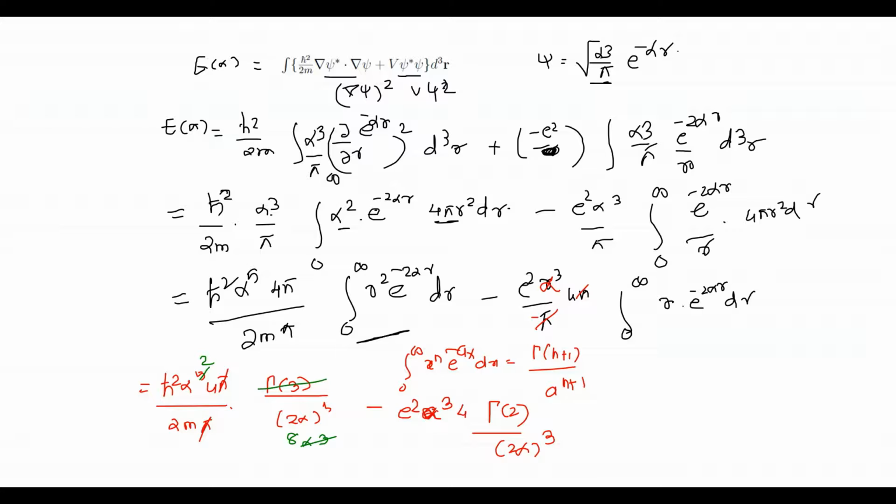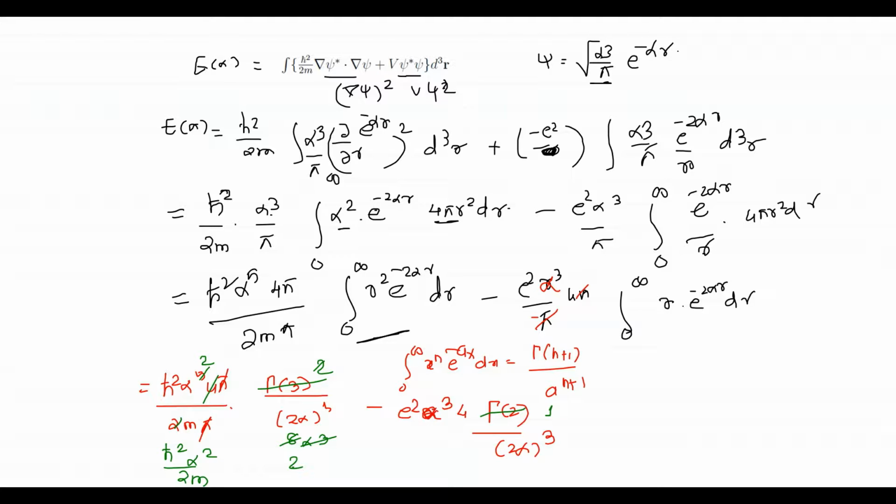This gamma of 3 will become 2 factorial, which is nothing but 2, and this 2 will get cancelled, this 4 will become 2 over here, and that's it, I guess. So what I am left with over here is h bar square, this alpha square, this 2 and this m divided by 2m, and over here this gamma of 2 is nothing but 1.